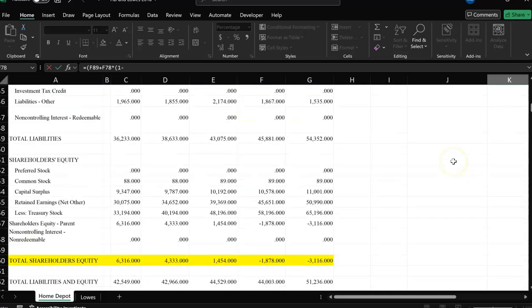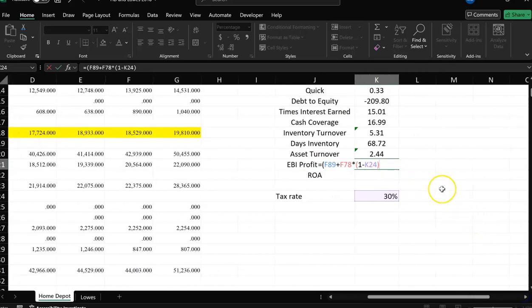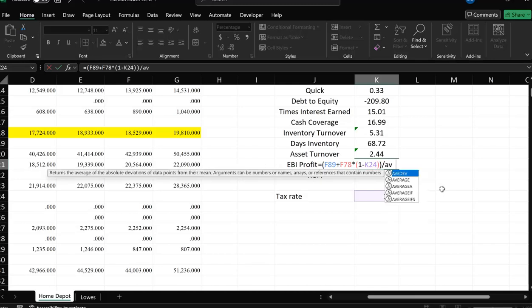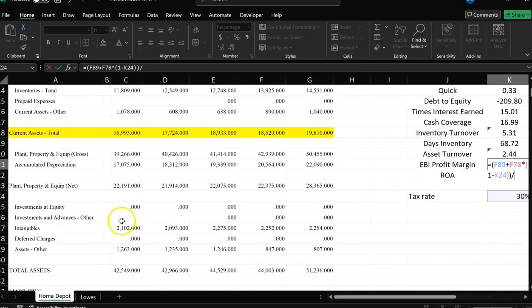And I'm putting back the tax rate here, just assuming a tax rate of 30%. Right? And so that's the EBI, and then I'm going to divide that by the total assets, which is an average. Oh, I'm sorry, profit margin. So that's EBI profit margin. I'm going to divide that by the amount of sales.